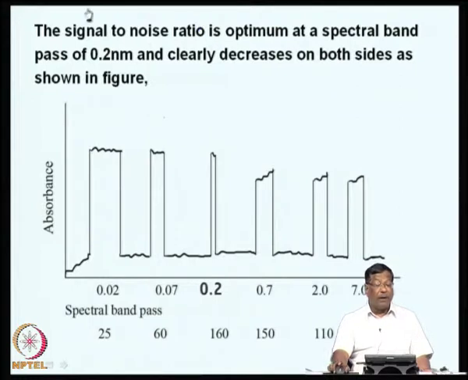Now, the signal to noise ratio is also optimum at a spectral band pass of 0.2 nanometer. This clearly decreases on both sides as shown in this figure.